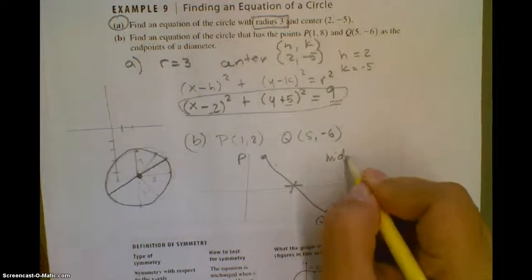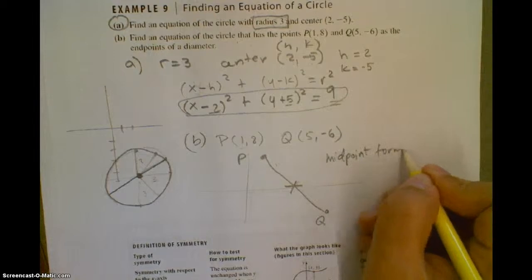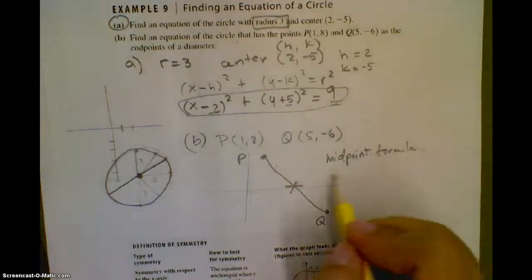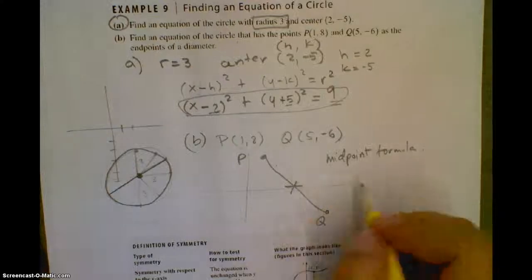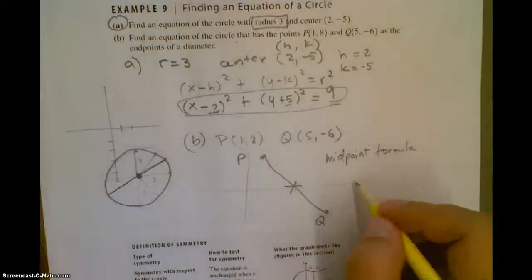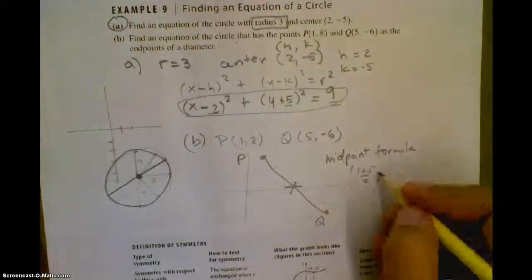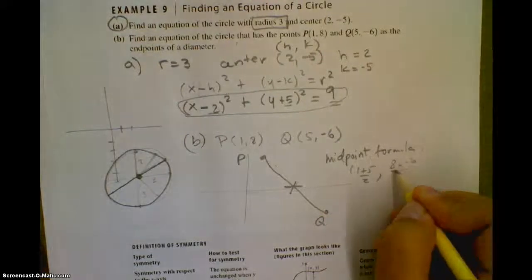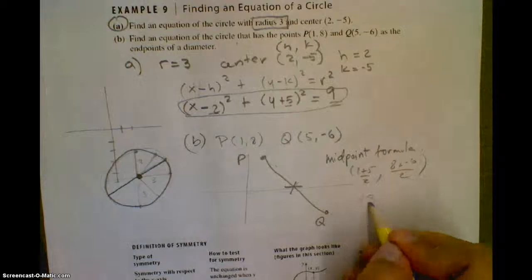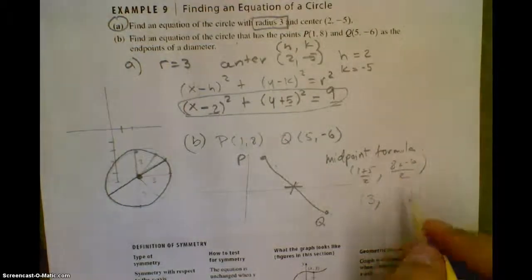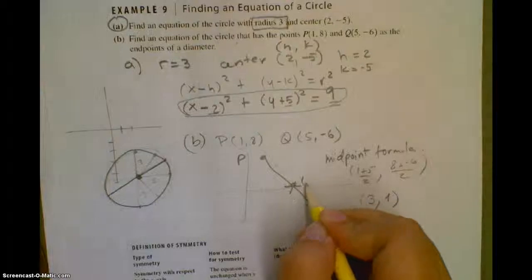And that calls for, and you know what it is, the midpoint formula. Yay! So I want to know where the midpoint of P and Q is. Remember that it would be the average of the x's, 1 plus 5 over 2, and the average of the y's, 8 plus negative 6 over 2. Very quickly, this would be 6 over 2, that's 3. And 8 plus negative 6 is 2, over 2 is 1. So I know the center is at 3, 1.